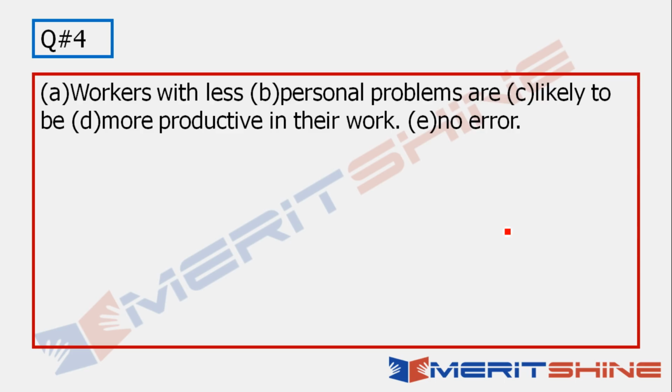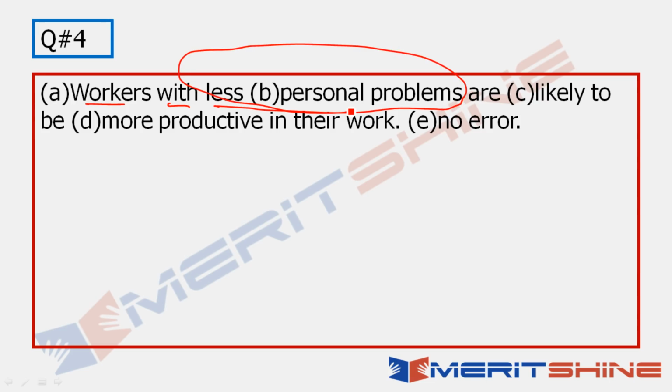Workers with less personal problems. Now workers is the subject with a preposition, less personal problems. Now the moment you come in here, you know there is a problem, because problems essentially is countable, right? One problem, two problems, more problems.